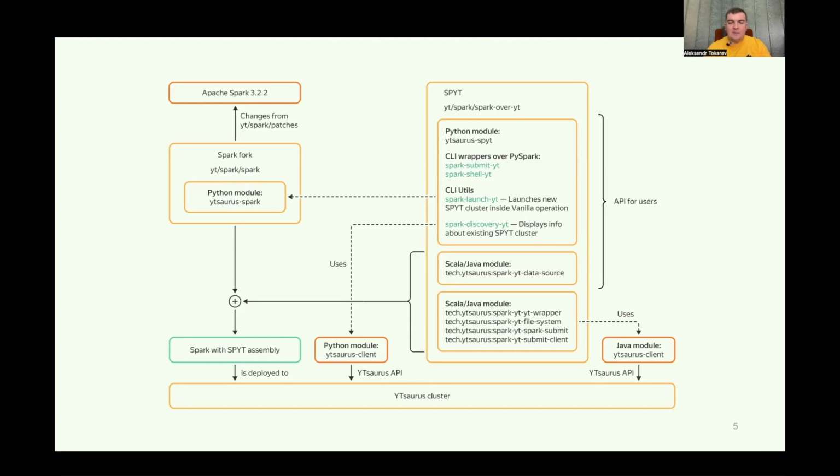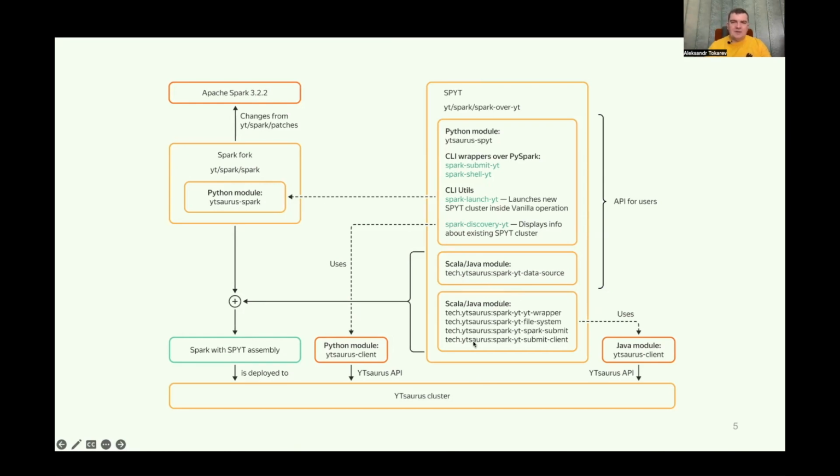The first one is the spark-yt-data-source module. This is a library deployed in the Maven central repository. Basically, you can install dependencies over it and use it in your apps if you use Java or Scala for Spark. There are also modules for working with the YTsaurus file system and those for managing task runs.